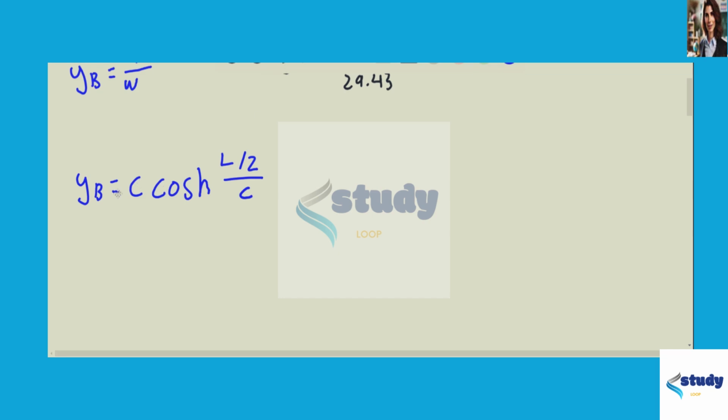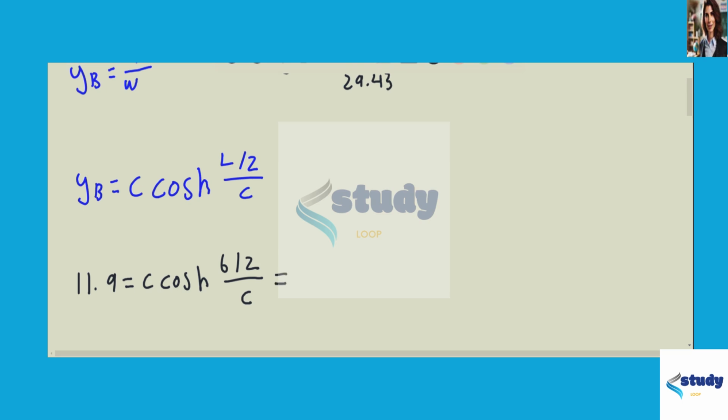So we can plug in y of B here, and we can also plug in L as given by the problem. So we'll have 11.9 is equal to the length c times the hyperbolic cosine of L, which is 6, divided by 2, divided by c.